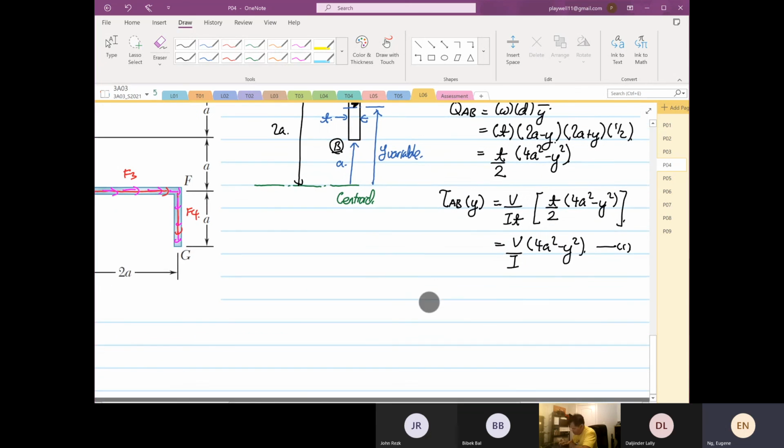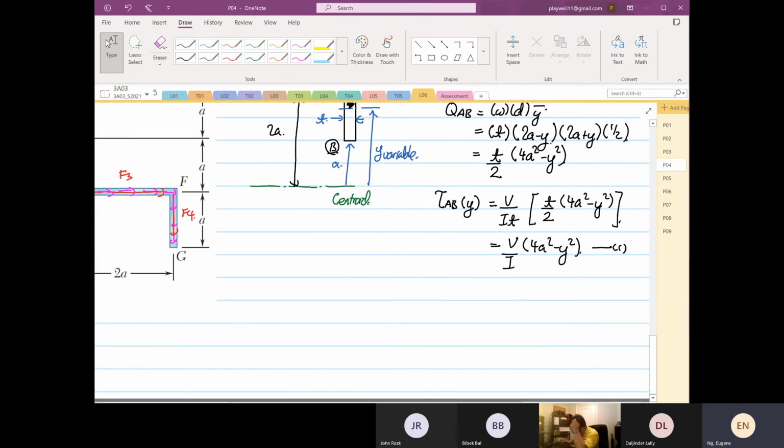So from here, you can find force F1. So force F1 along section AB is equal to shear in section AB as a function of Y multiplied by dA, right? So the limits in terms of Y are A and 2A, right?